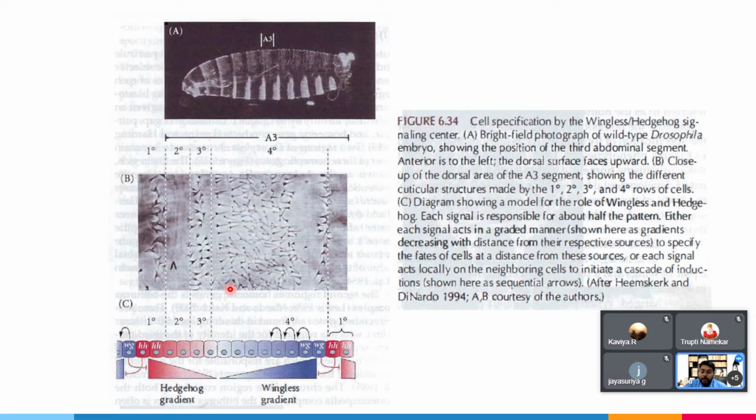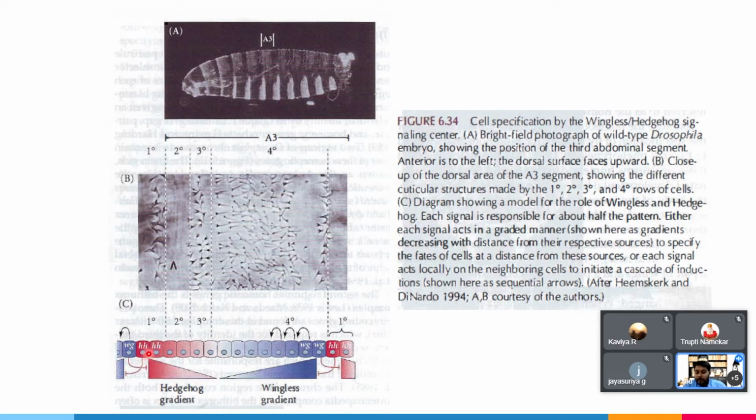So both wingless and hedgehog production actually help in formation of cuticles or small hair-like structures on the embryo itself, and this happens via a gradient of hedgehog and wingless. As we can see right here, if one cell produces wingless, the nearby cell will produce hedgehog, and via inhibition of this, some cells are only competent to produce wingless, some cells are only competent to produce hedgehog.